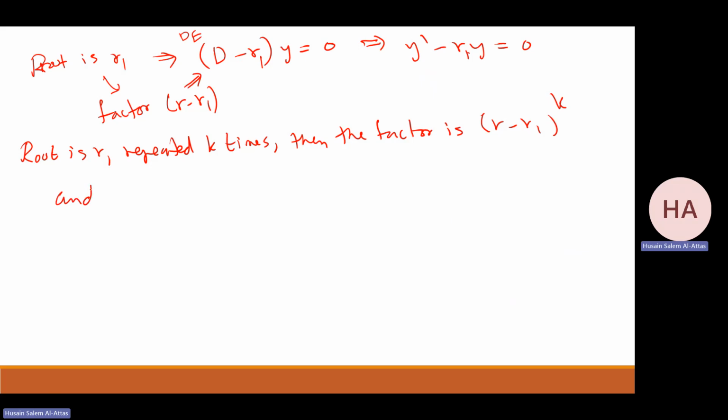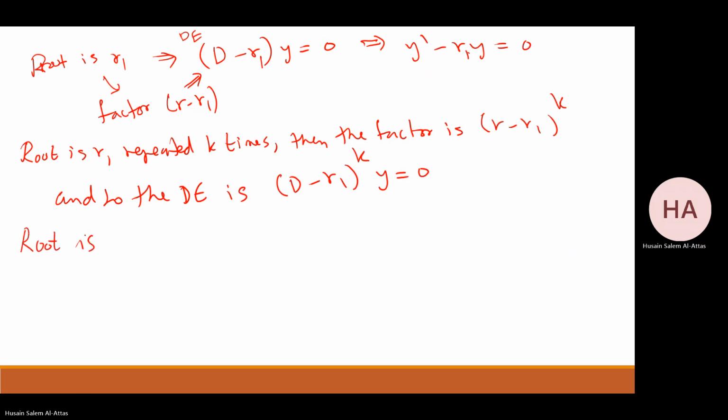And so the differential equation is D minus r1 to the power k times y equals 0. This is going to take care of the repeated case. Now let me go to the non-real.